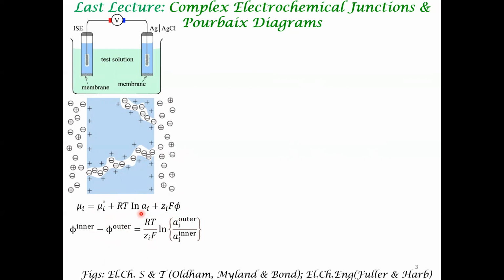Overall, what you have to appreciate is that when you dip an ion selective electrode, there is an electrical signal. That is, a potential is generated between the ion selective electrode and some reference electrode. The magnitude of the electrical signal is correlated to the activity of the ion in the test solution.